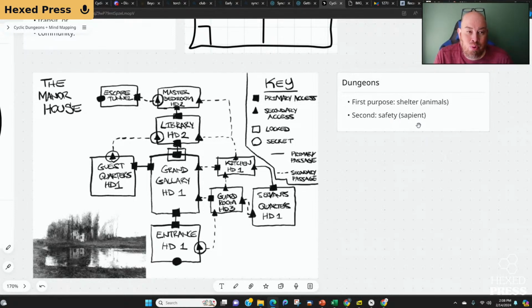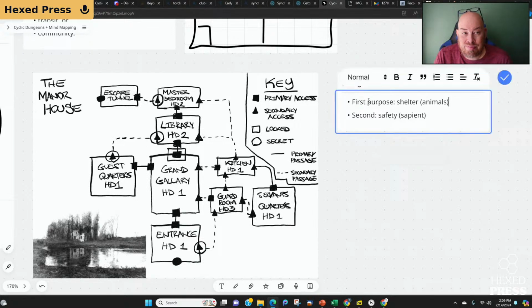And I think this point often gets, I don't want to say confused, it gets short shrift a little bit often in our designs, because a lot of times dungeons, the way they're laid out, don't make a whole lot of sense for the inhabitants, the ones who are sapient, in terms of safety, because they don't tend to want to control or create safety.